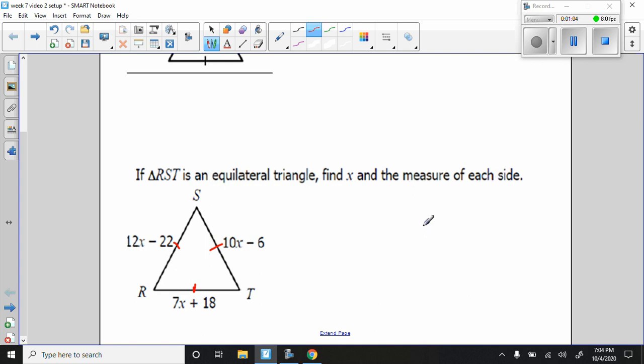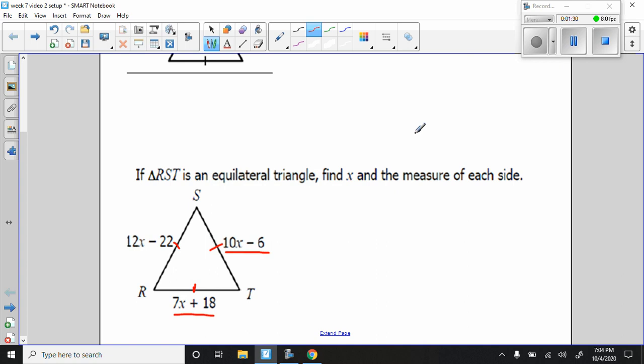You can find x by any way you want. All you have to do is pick two of these three sides and set them equal to each other. That's how you could find x. So I could easily say that 10x minus 6 equals 7x plus 18.